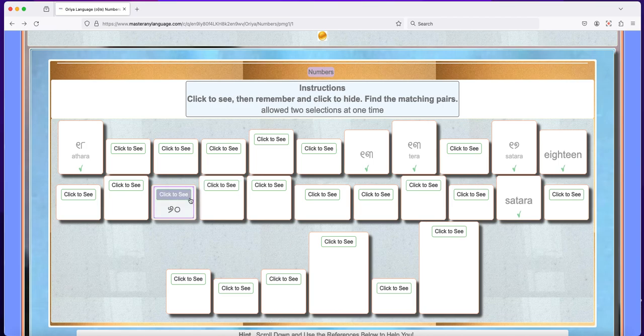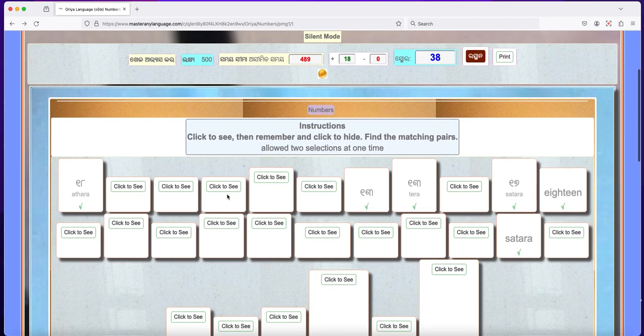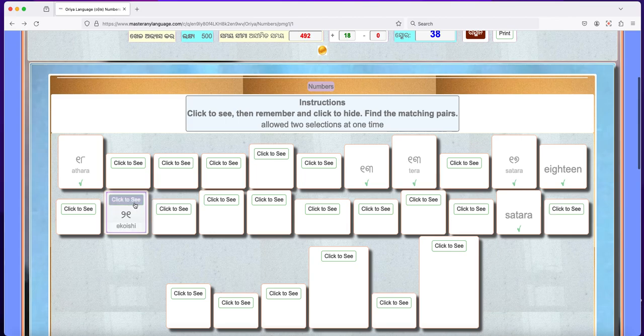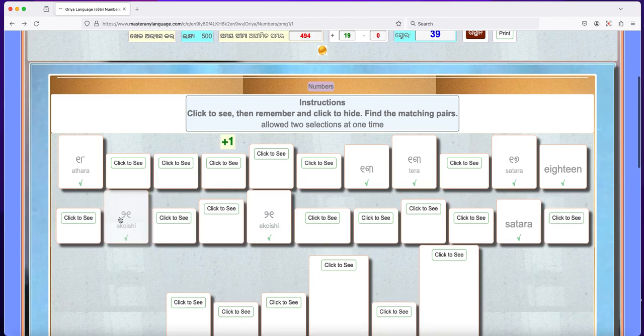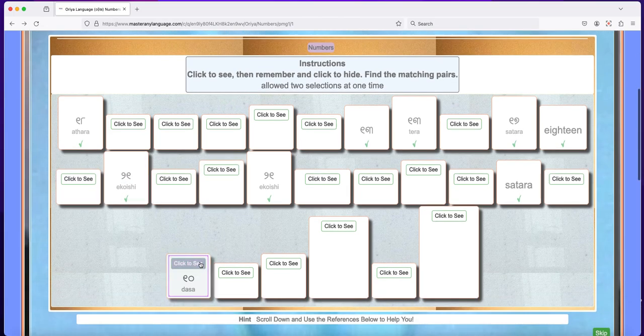Tetishi. We're gonna finish up soon. Ekoishi. Okay, Ekoishi. 90. Let's see what else we have. Dasa is 10. I saw that one over here. I don't remember what that is.